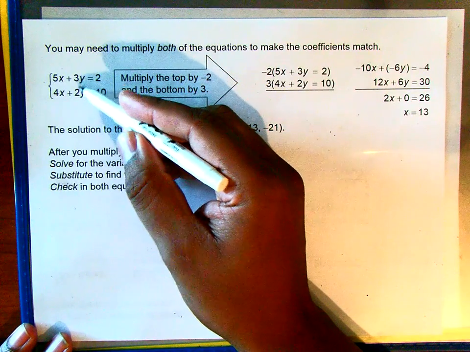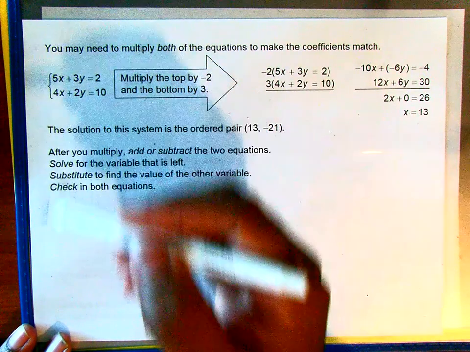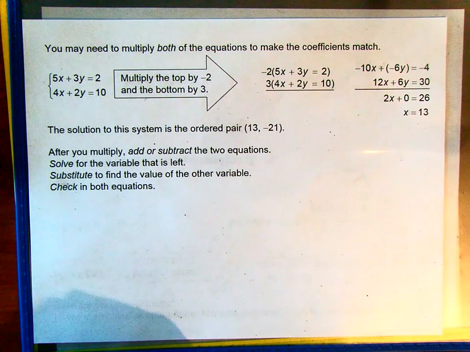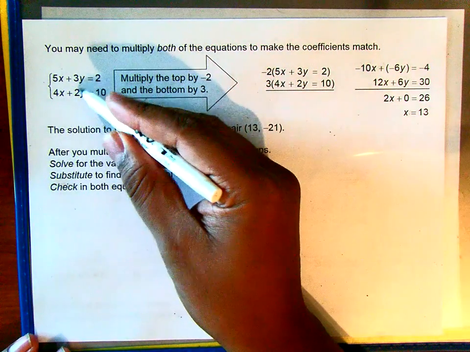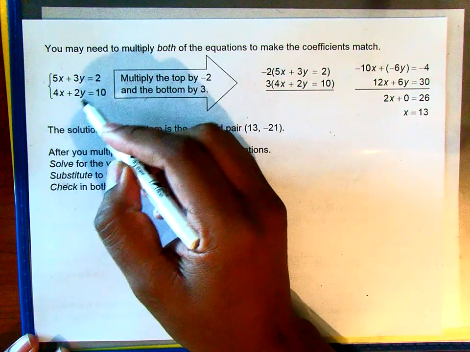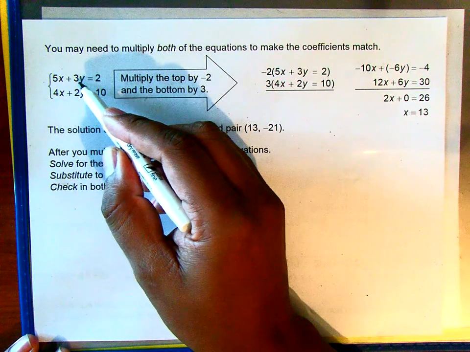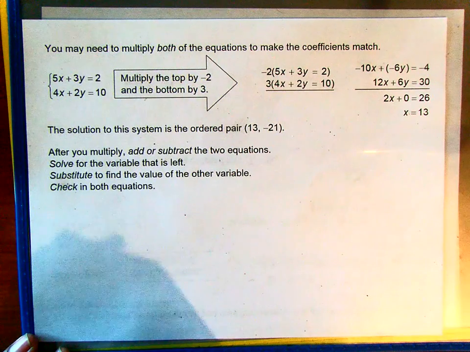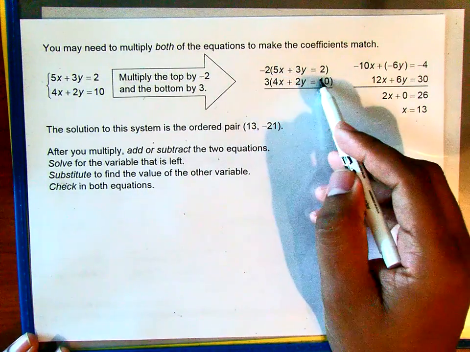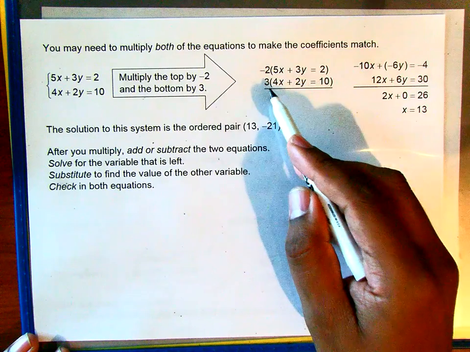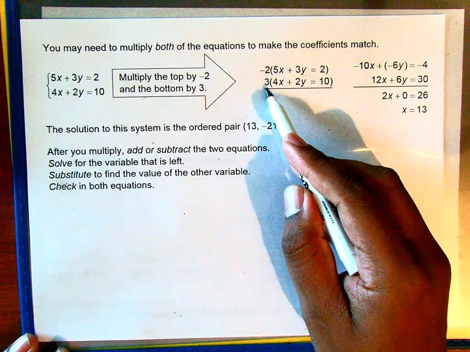And what we want to do is make those the same number. If you find the least common multiple, that is going to be 6. So you're going to multiply both of these equations by a number that can make one be 6 and one be -6. So in the example, they multiply the top equation by -2 and multiply the second equation by 3.